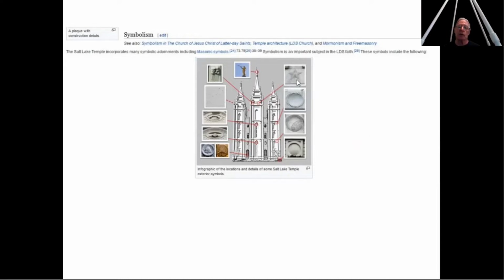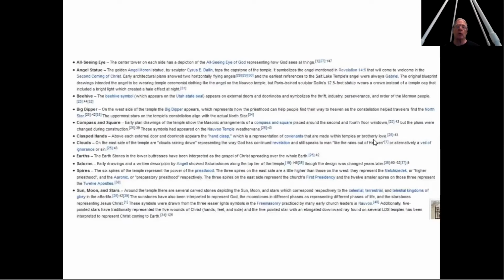Now, this is a demonstration of a number of symbols that are used, some of which are in fact Masonic symbols. So here's a printout of those, and a couple that I want to point out just to show you the Masonic correlation here.